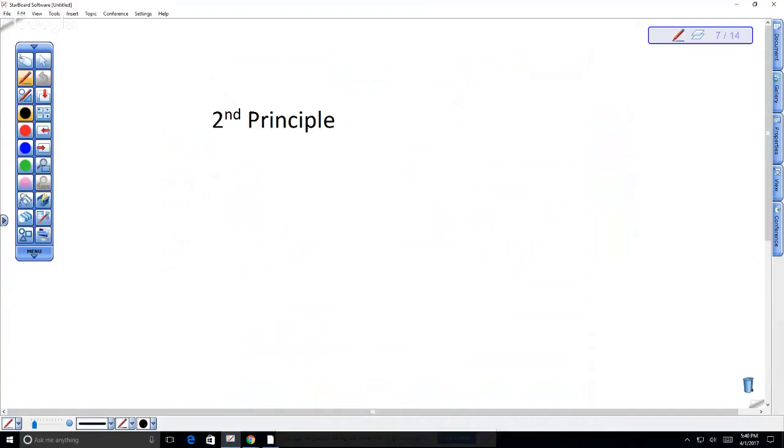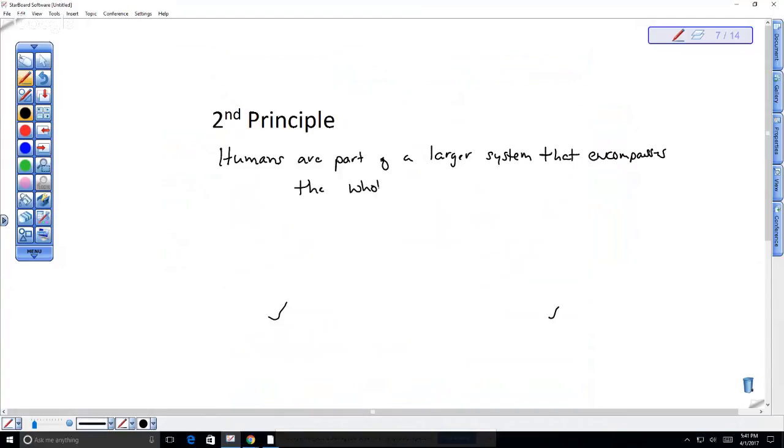And so we can say that the second principle states that humans are part of a larger system that encompasses the whole planet.